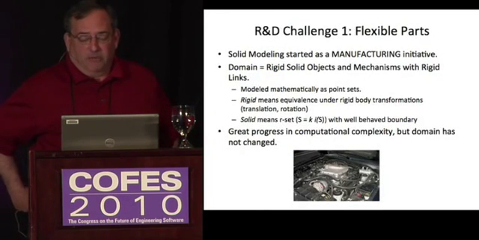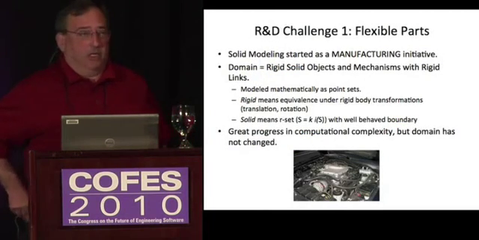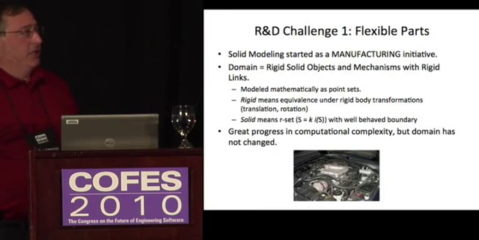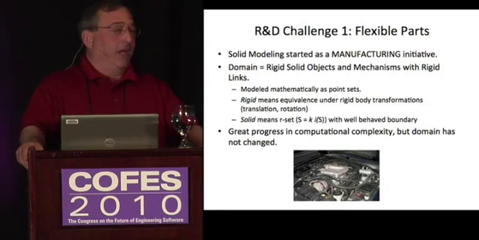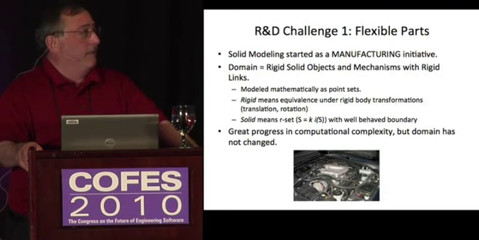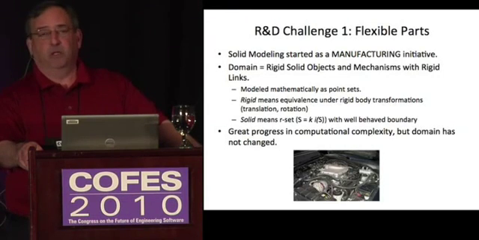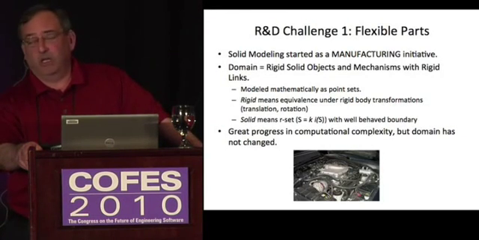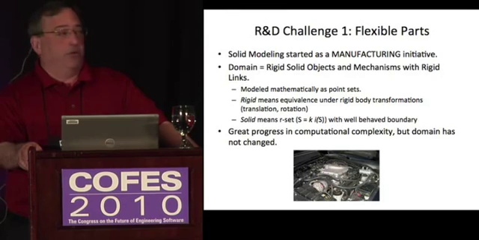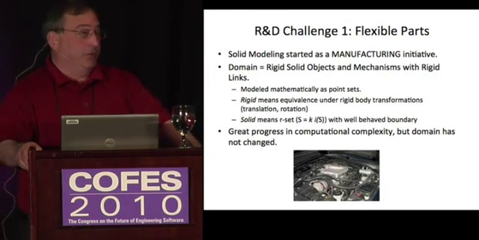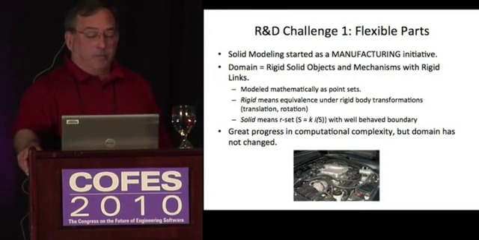Okay, so the first research challenge is modeling flexible parts. Solid modeling, for those of us who were around back in the day, we know began as a manufacturing initiative. It started because there was an interest in simulating machining and in being able to automatically program machine tools to produce things.